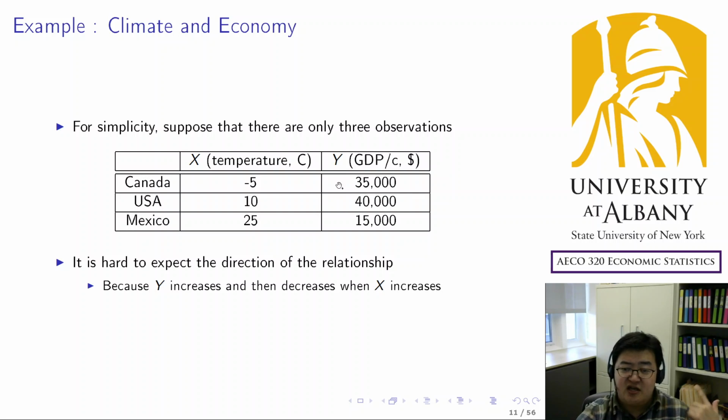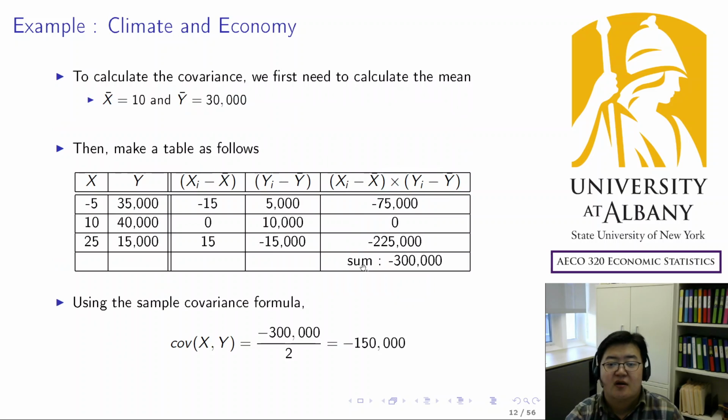If they are strictly decreasing, then it must be negative. But here, it increased from Canada to USA, but then decreased a lot from USA to Mexico. So when temperature increases, GDP first increased and then decreased, right? So we need to quantify the relationship to see the average direction. Here we have to say yes or no, positive or negative. Okay? How do we do that?